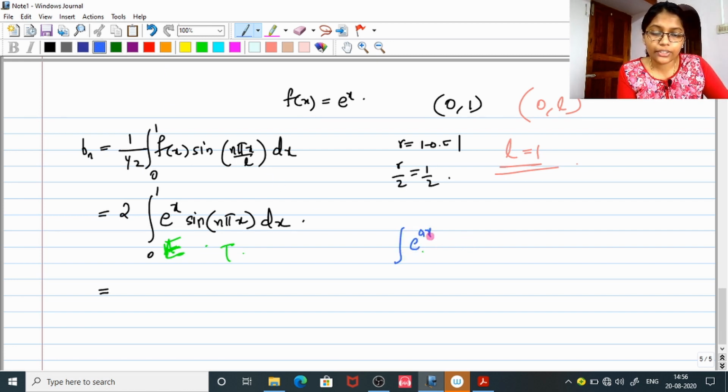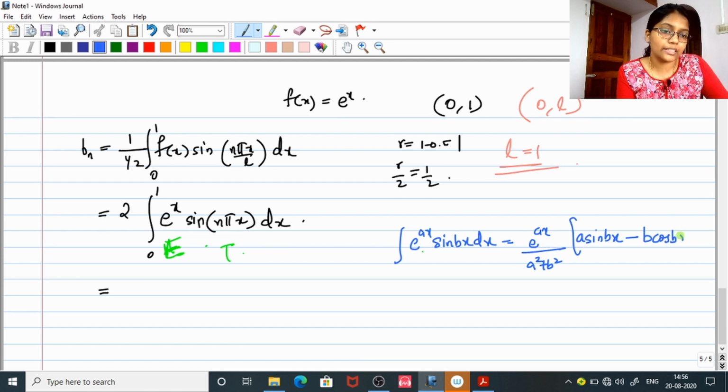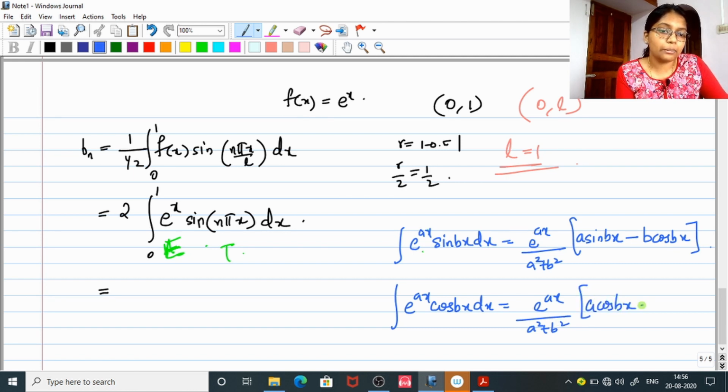Integral e raised to ax sine bx dx is e raised to ax by a square plus b square, into a sine bx minus b cos bx. Similarly, integral e raised to ax cos bx dx is equal to e raised to ax by a square plus b square, into a cos bx plus b sine bx.